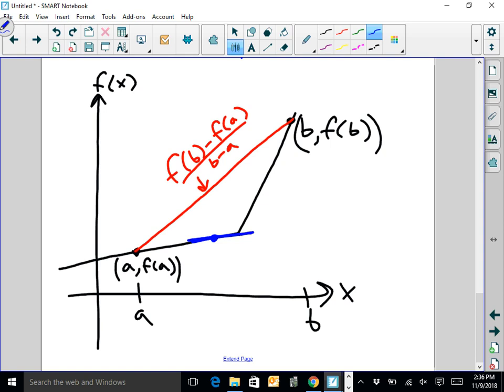Over here is not the same slope. This point right here, where differentiability fails, is where I should have had a tangent line equal to that secant line slope, but I can't do it. So that shows why we need differentiability.